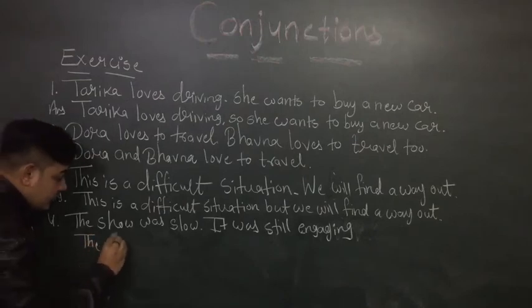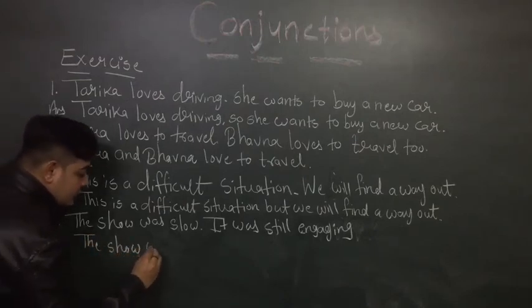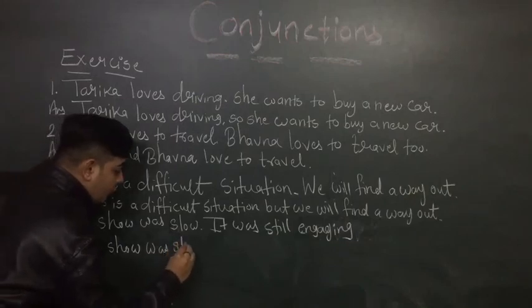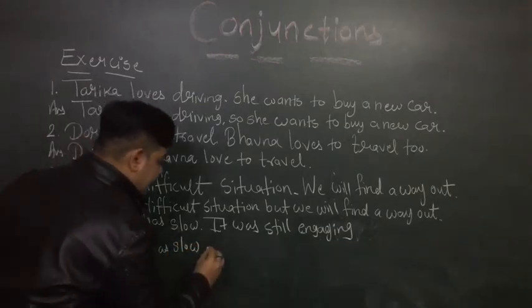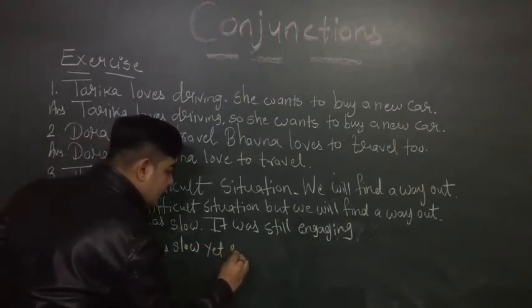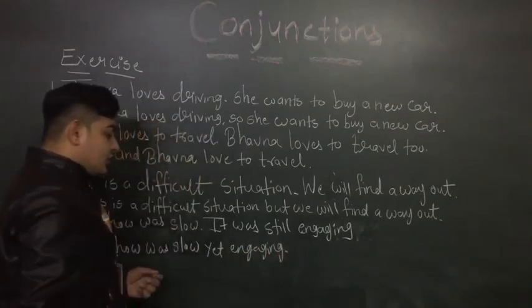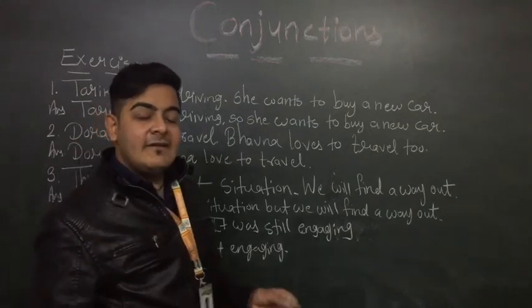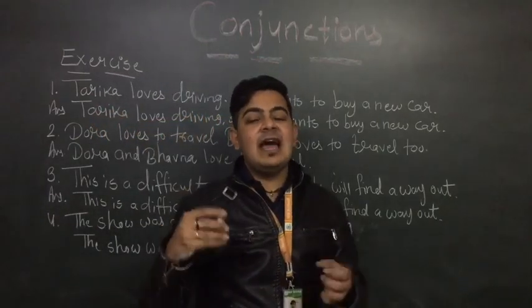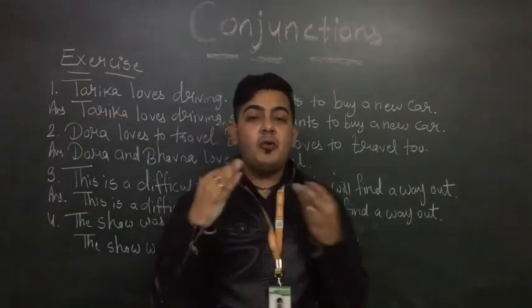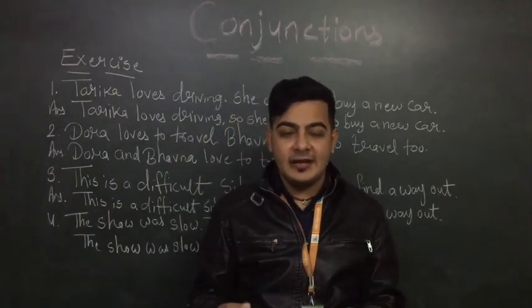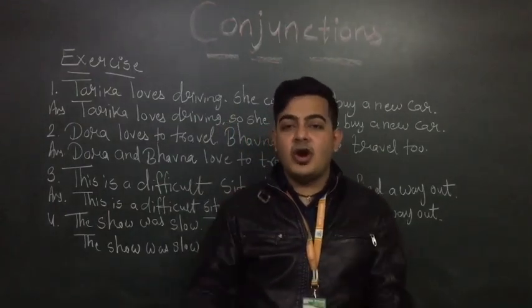The show was slow yet engaging. शो स्लो है फिर भी हमको मजा आया, मतलब इंगेजिंग, हमको बोर नहीं होने देना था. It was not boring, it was engaging, that we should watch it.